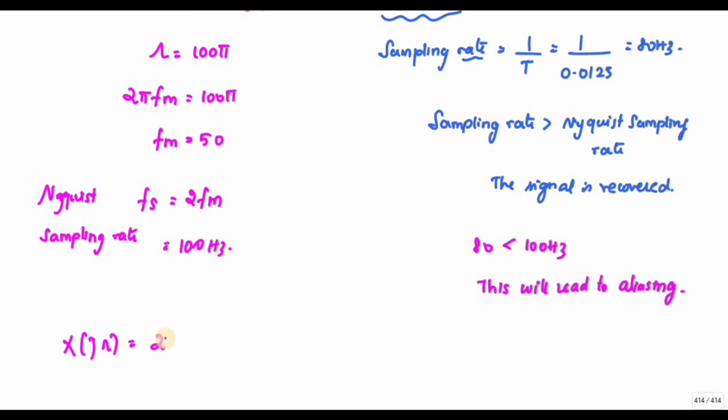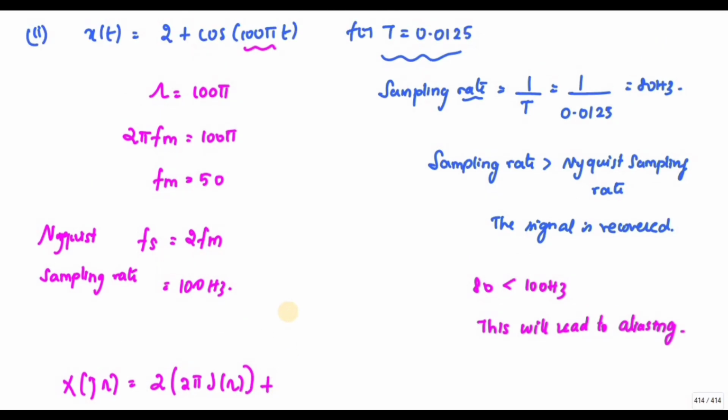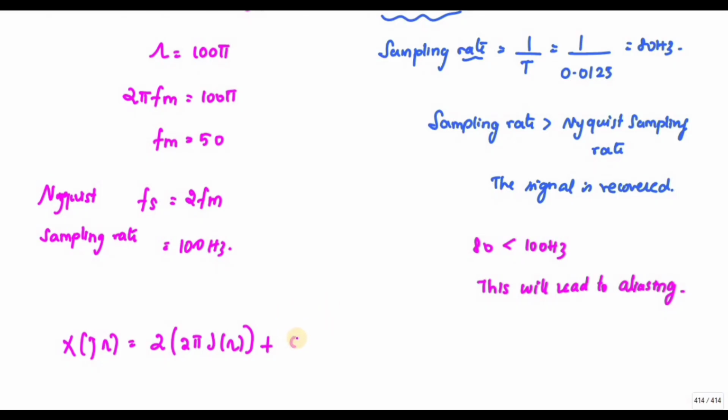So if we take the Fourier transform, it will be represented as 2 into 2 pi delta of omega, plus, for the cosine, I can write pi times delta of omega plus 100 pi, plus delta of omega minus 100 pi.